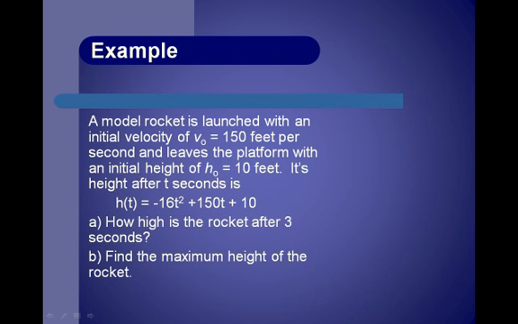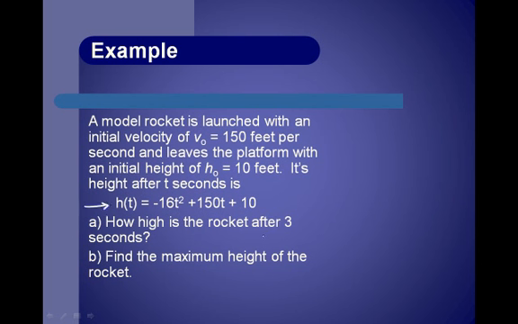Let's do another example. A model rocket is launched with an initial velocity of v sub 0 equals 150 feet per second and leaves the platform with an initial height of h sub 0 equals 10 feet. Its height after t seconds is given by the function h of t equals negative 16t squared plus 150t plus 10. How high is the rocket after 3 seconds? Well, here's our height formula for any number of t seconds.